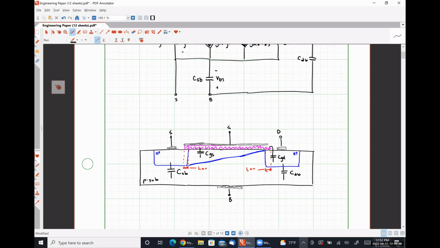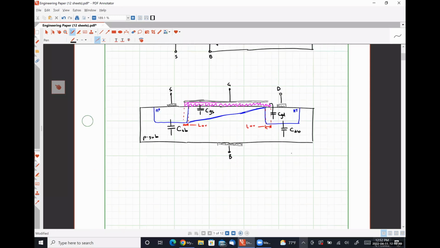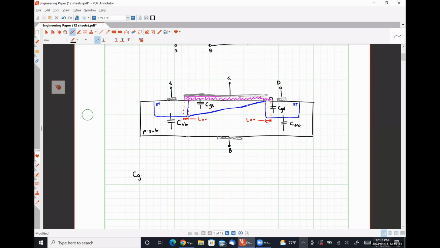When the channel is tapered and pinched off, CGS is approximately equal to 2/3 the transistor width times the transistor length times the gate oxide capacitance per unit area, Cox. So instead of it just being width times length times Cox, we have this other factor here because the plates are no longer explicitly parallel.